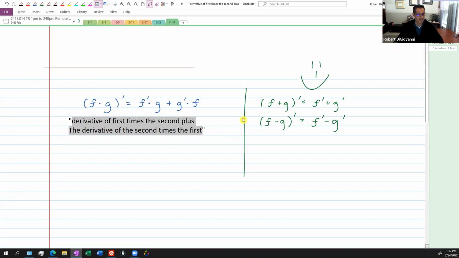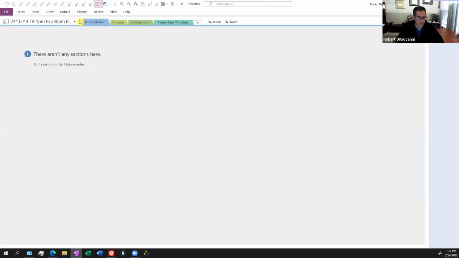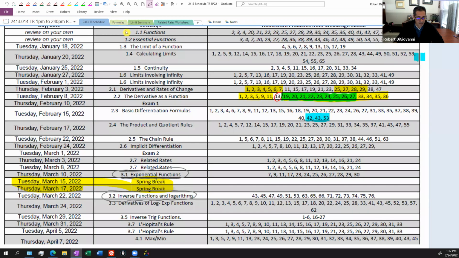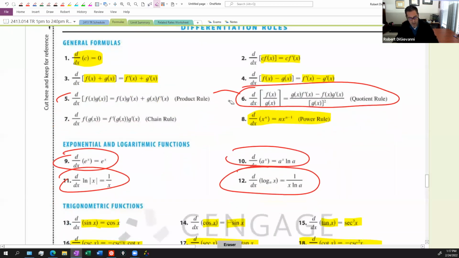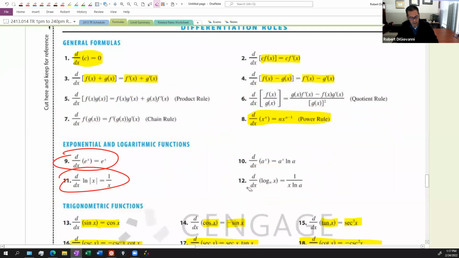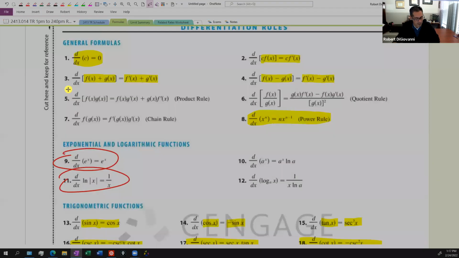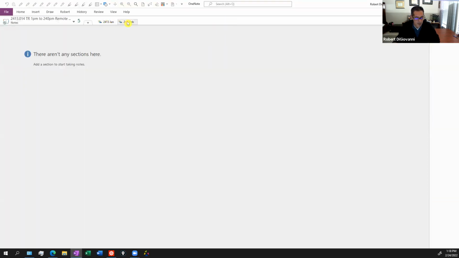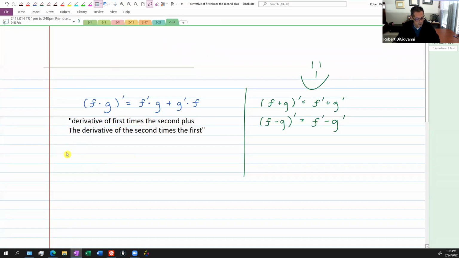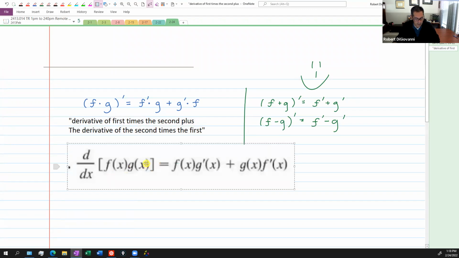Y'all got it? I want to warn you right now that this is in your formula sheet, but let me clear all this out of here. It's called the product rule, and it's right here. I want to copy it, and explain why it's different than what I put up here. So in the book, this is the formula they use.